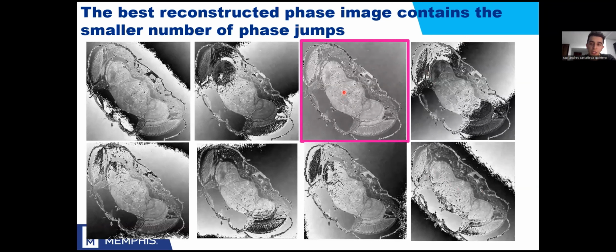For instance, Trujillo demonstrated that the best reconstruction phase image is the one that does not have phase perturbation and has the smallest number of phase jumps. So in these cases, this is the best reconstruction.